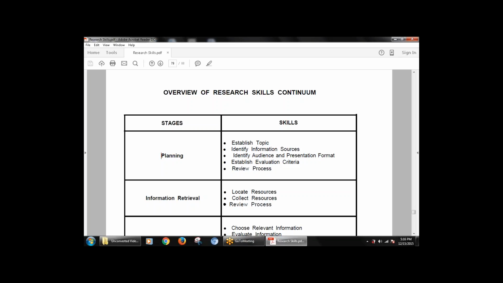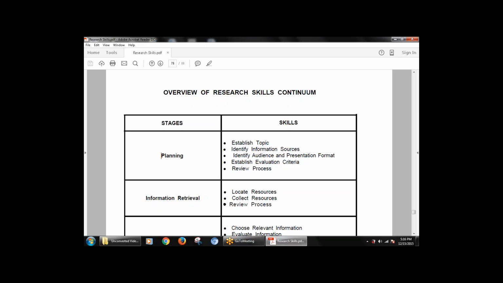Then identify the audience and the presentation format, that is, what the types of audience are, what their knowledge is, and what presentation format is available. Then establish the evaluation criteria, that is, what the evaluation criteria are and how they are used.